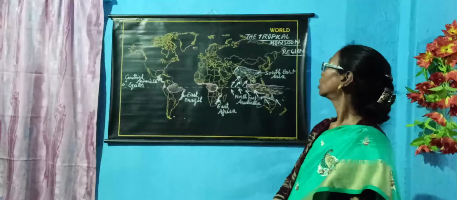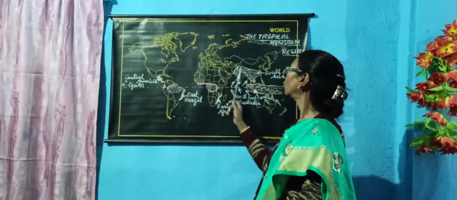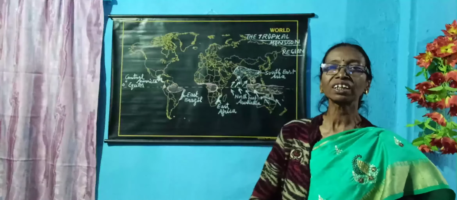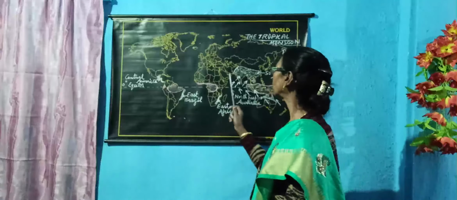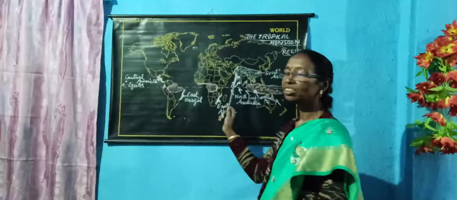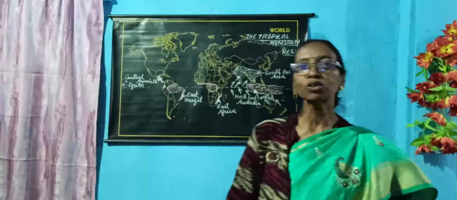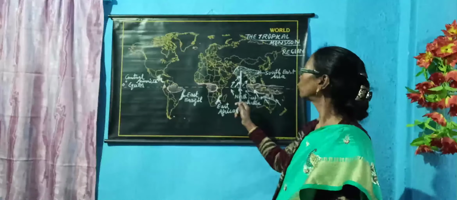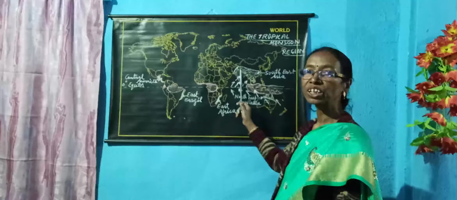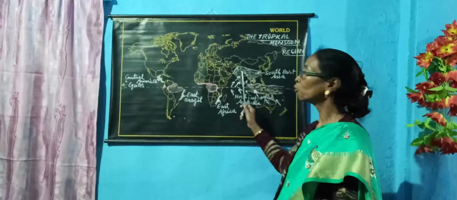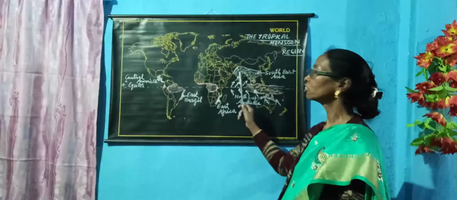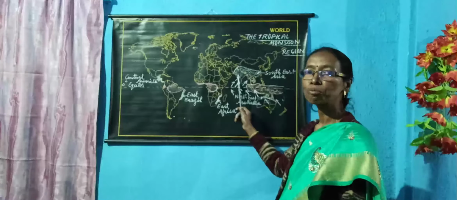which affects all over this region, tropical zone, because the rays of the sun fall vertically over the Tropic of Cancer, and because of intense heat, a low pressure system develops over the northern part of India, and it is so powerful that from the surrounding high pressure area, wind rushes towards this low pressure area.